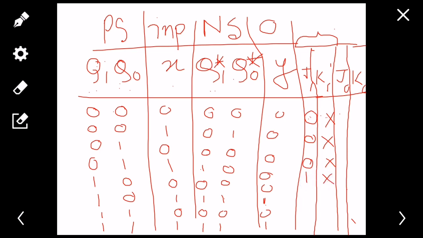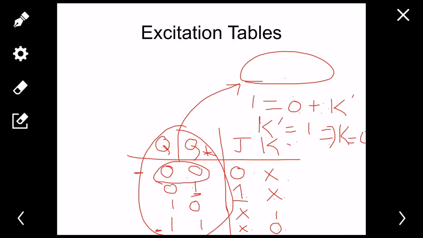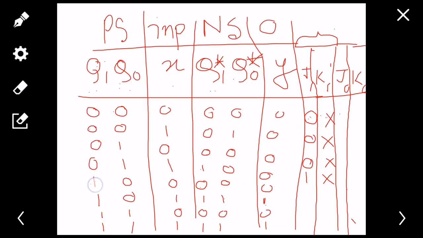Now then the present state is 1, so 1 0 gives don't care 1. Then 1 1, so it will be don't care 0.